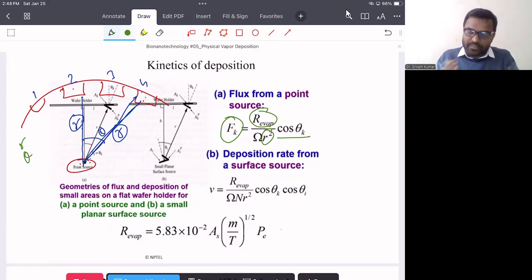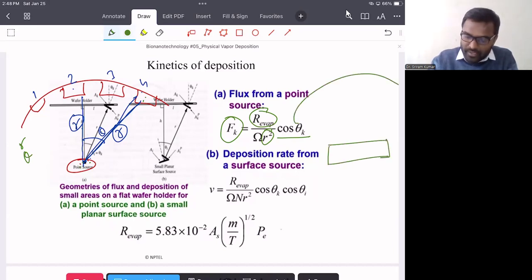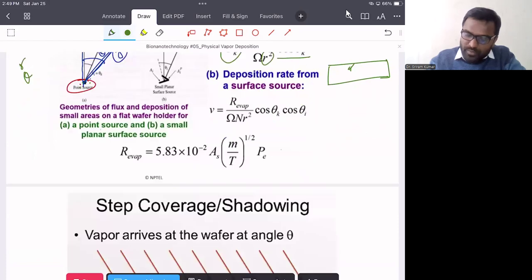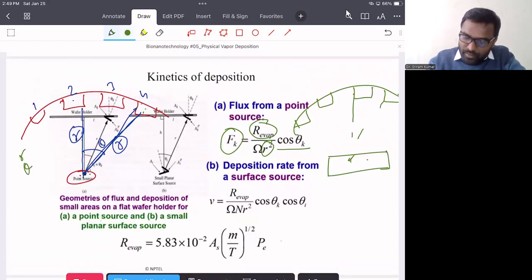And if you have a planar source material or planar target material, and you have substrates at different places, then you have such kinds of depositions. Maybe the vapor comes from here or maybe here.